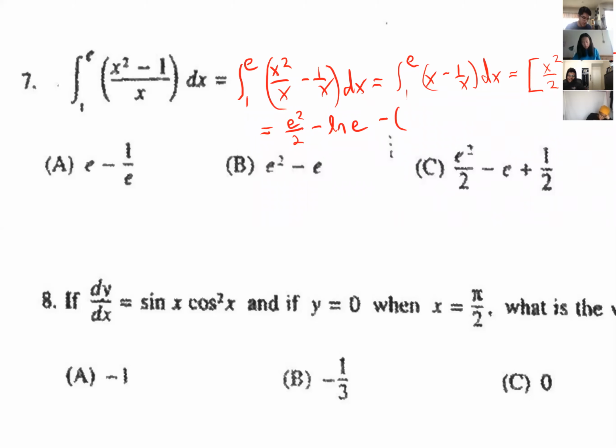When I plug in 1 squared over 2 is 1/2, minus ln of absolute value of 1 is just 1. So this is going to simplify to e squared over 2 minus, you should know that ln of e always equals 1. Ln of 1 is 0, so I just do minus 1/2, which is e squared over 2 minus 3/2.